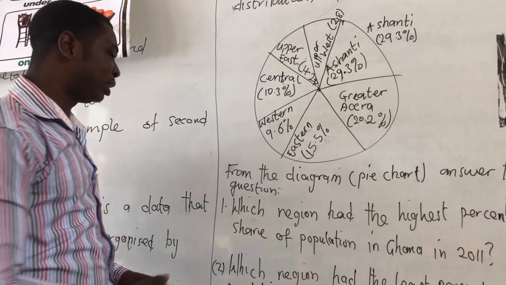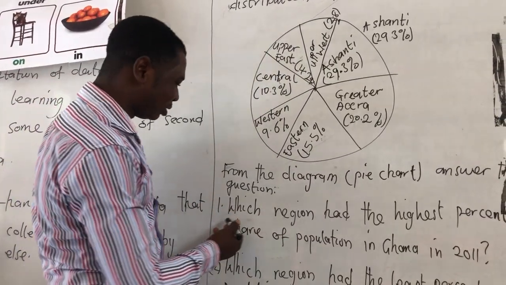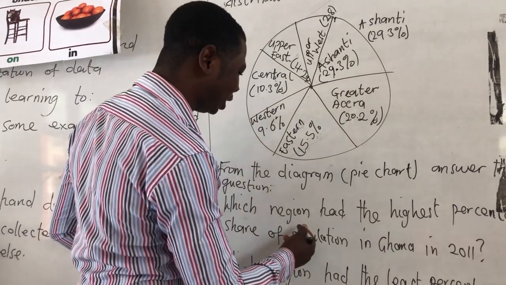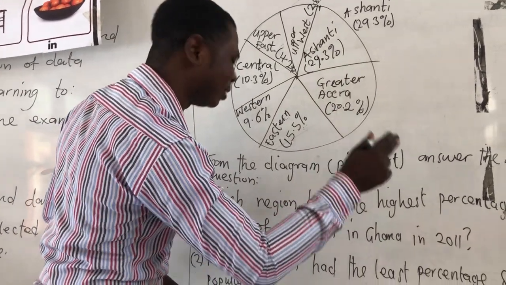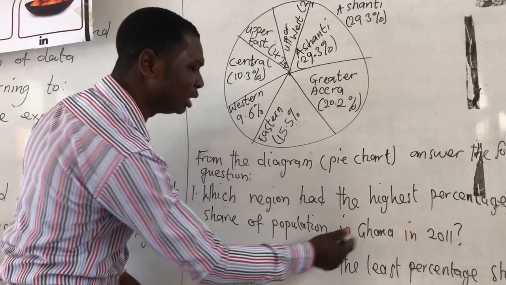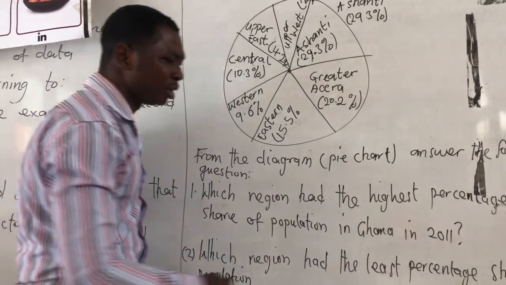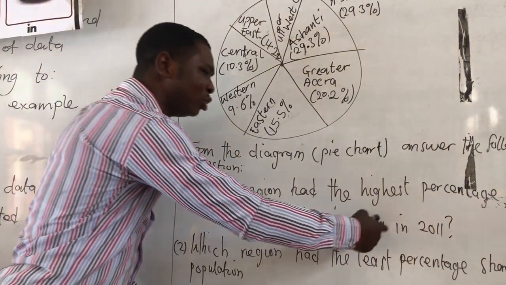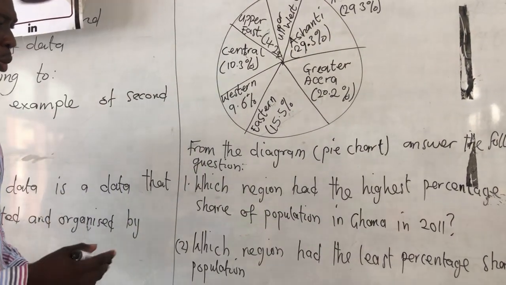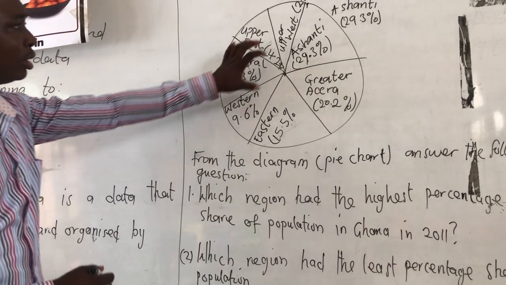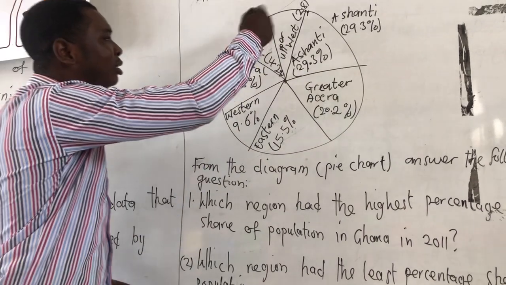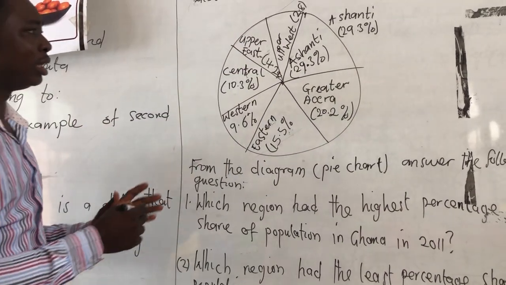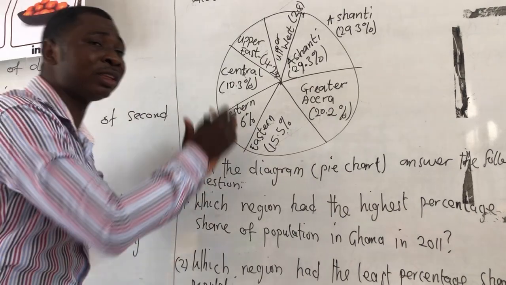One of the questions is which region had the highest percentage share of population in Ghana in 2011? Look at the sectors, look at the distribution, and tell me the highest population using the percentage.